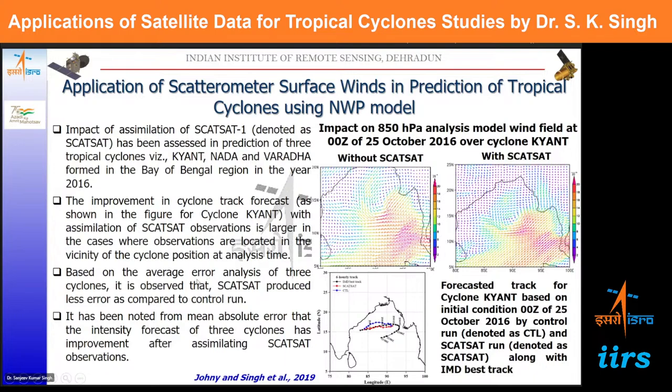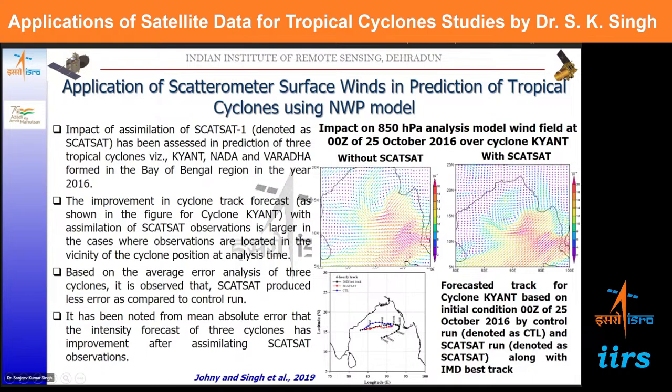And based on the average error of 3 cyclones, it has been found that the track error has been reduced as compared to the without ScatSat observation. You can see this is one of the examples. The blue track is the control run where ScatSat data has not been assimilated, red is the track after assimilation, and black is the observed track, the IMD based track.